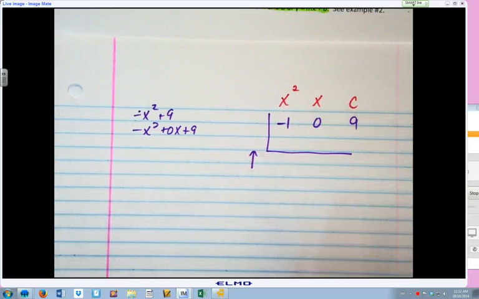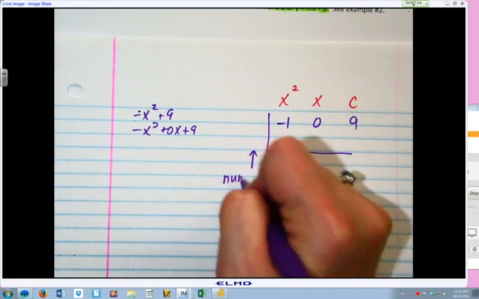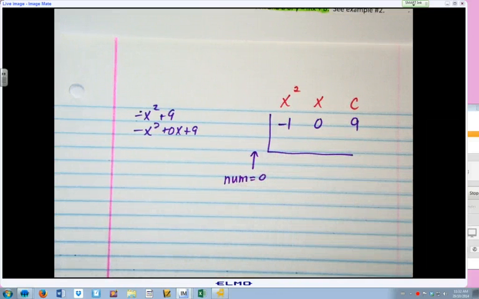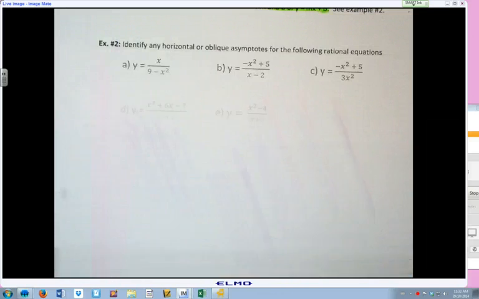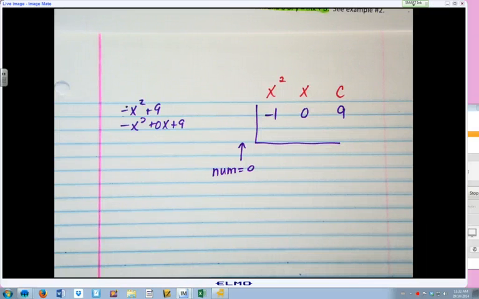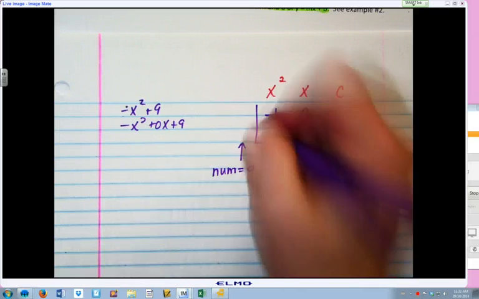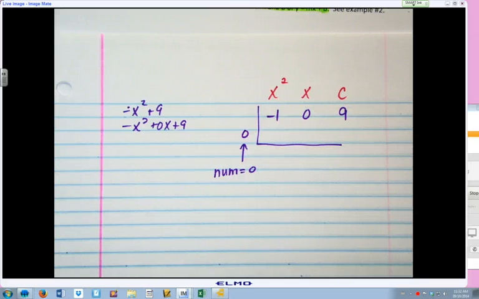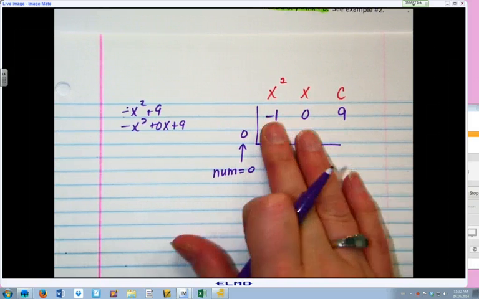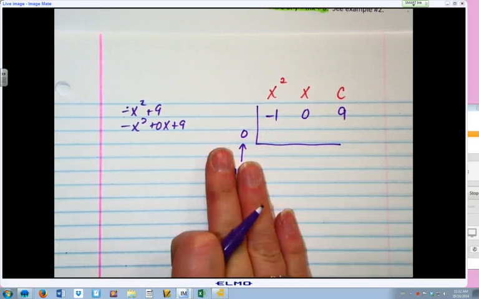The number here comes from the numerator equal to 0 and solving for the variable. In this case, we just have an x, so x equals 0. Later we're going to have something else on the top, and you'll see when it's equal to something else. So set up inside is the polynomial in order. Outside is the numerator equal to 0.